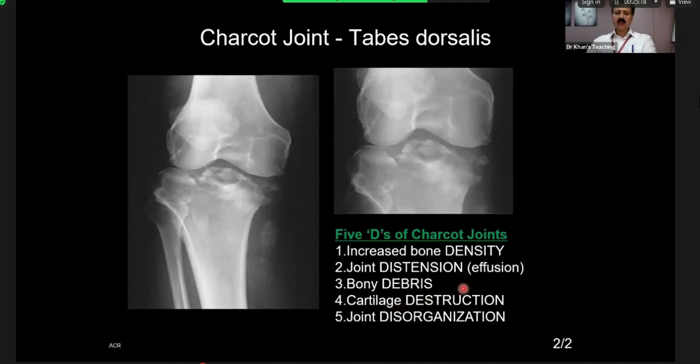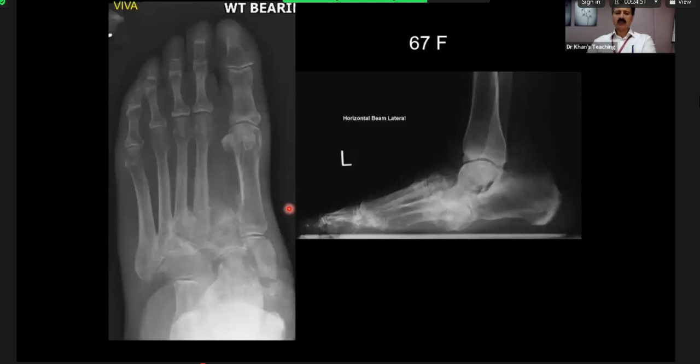These are the 5 Ds. And there is nothing else which can explain this finding. Remember the word bizarre. When you see a joint which has got a bizarre appearance, think Charcot. And it cannot fit into anything. Please remember the bone density will be normal. So this is a case of tertiary syphilis, which has got this.